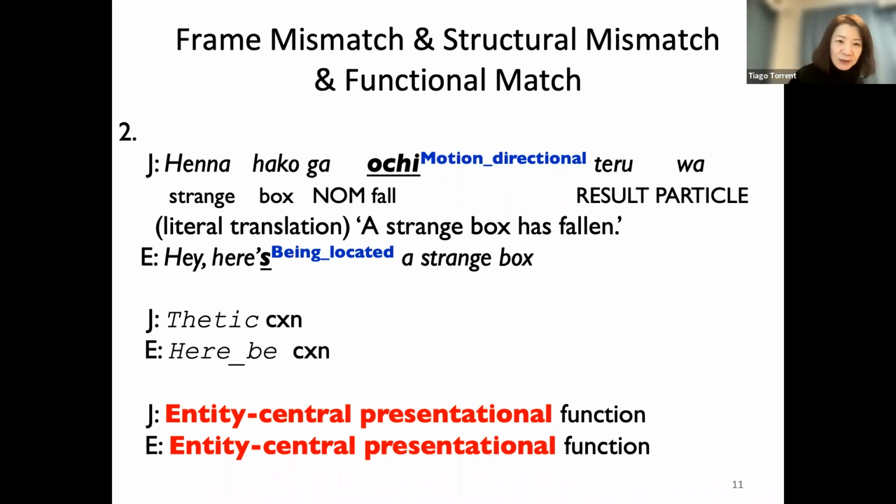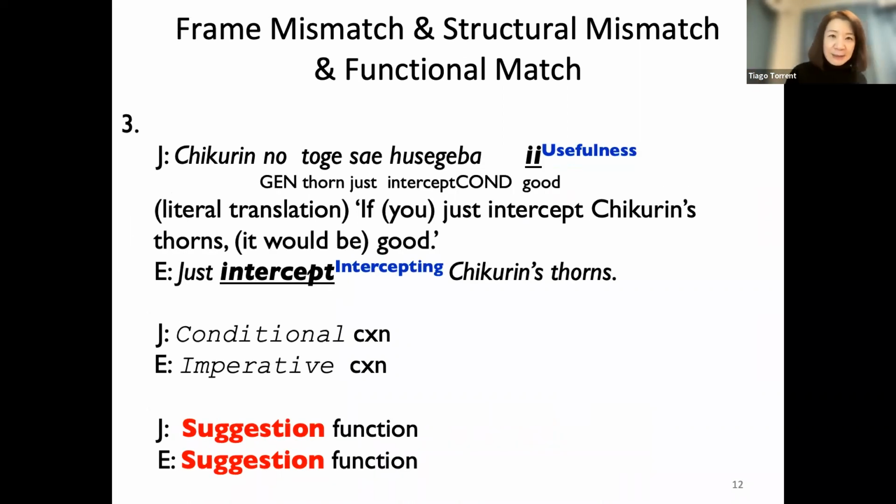And structurally they are different, but they have the same function of entity central presentational function. Okay, so I think the two sentences should be considered corresponding.